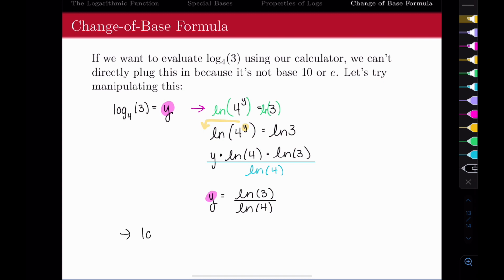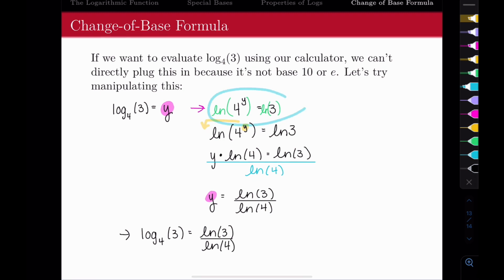So this means log base 4 of 3 is equivalent to natural log of 3 divided by natural log of 4. At this stage, instead of taking natural log of both sides, I could have taken log base 10. And the only thing that would have changed is down here, instead of having natural log, I'm going to have log base 10. So this is also equal to log of 3 over log of 4.